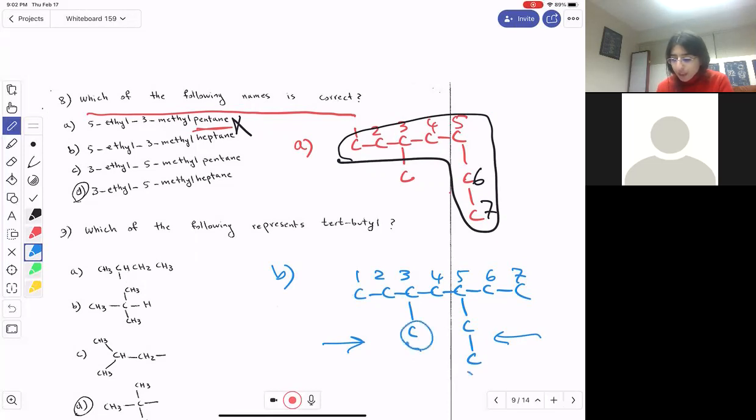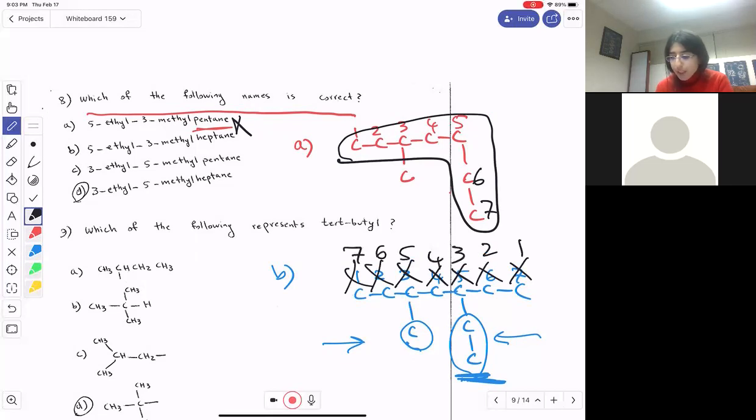You see here we have methyl, here we have ethyl. So this is alphabetically prioritized. So actually we should name this the other way. 1, 2, 3, 4, 5, 6, 7. So the name should be 3 ethyl 5 methyl. So that's why the second one is wrong.